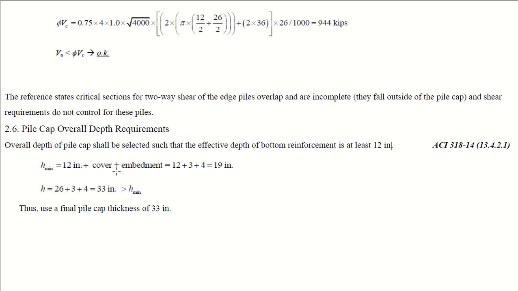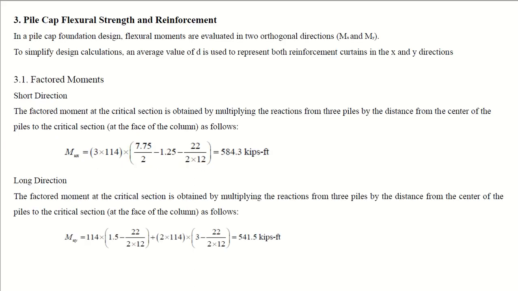So 12 plus clear cover 3 inch plus embedment 4, it comes out to be 19 inches and our depth is 26 inches. So we are good with these requirements. So 26 plus 3 plus 4, which is embedment and cover, it's 33 inches, which is much greater than H minimum. Thus, use a final pile cap thickness of 33 inches, which includes the embedment and cover requirements as well.